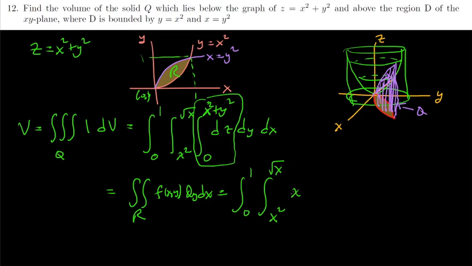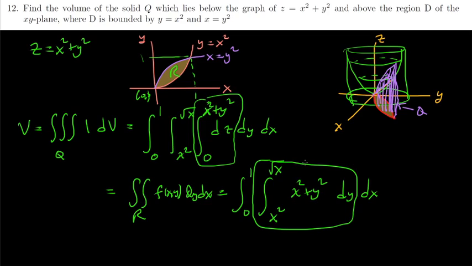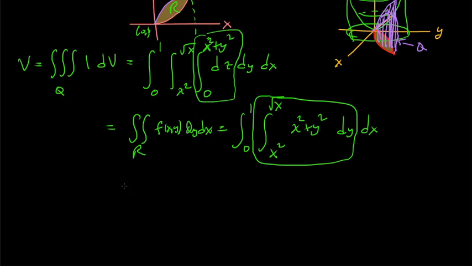You're just going to get x squared plus y squared minus 0, and then take the integral of that with respect to y now. So doing that inside integral, we still have to do the integral from 0 to 1. We're just going to get x squared y plus 1/3 y cubed, and evaluate that between y equals x squared and y equals square root of x.